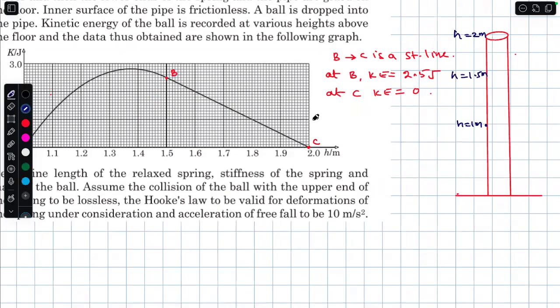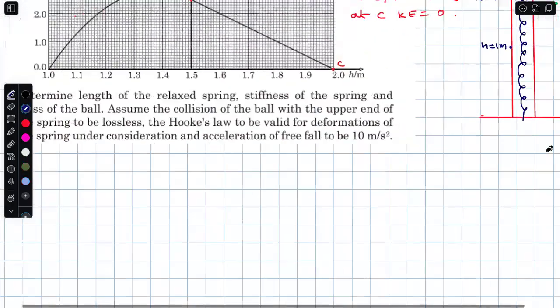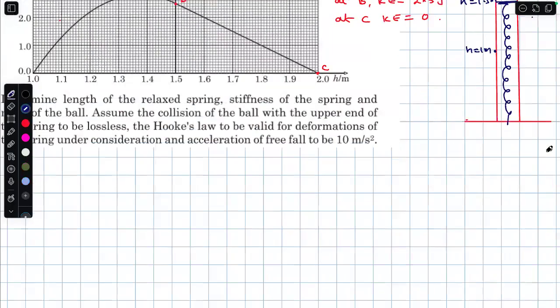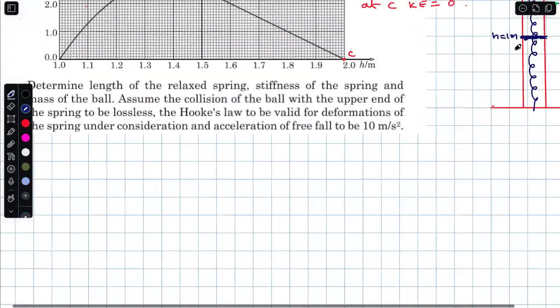V square minus U square is equal to 2AS, graph it is. So there is no spring in that picture. The spring starts from 1.5 onwards. You can see it is coming to rest at exactly h is equal to 1 meter. You can see that in the graph.